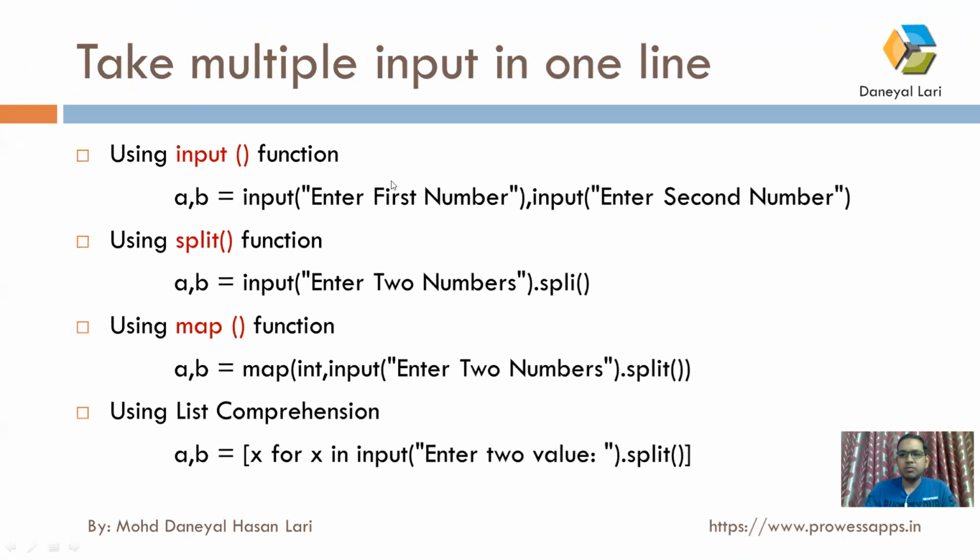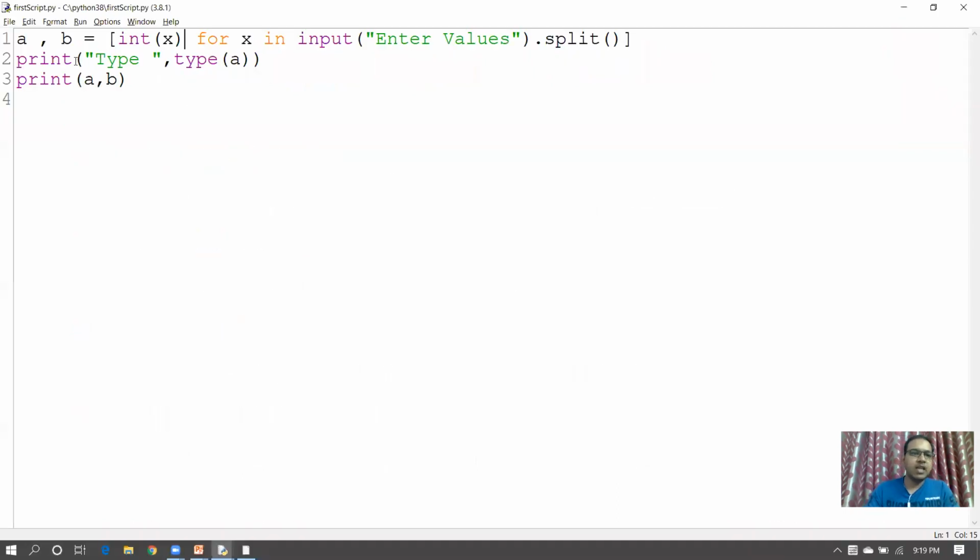Another requirement could be to take multiple inputs in one variable. Okay, since here, look at here, I'm taking multiple inputs in multiple variables. Sometimes it may be your requirement that the values should be stored into one variable, but the values should be more than one.